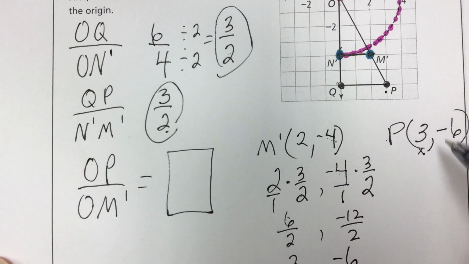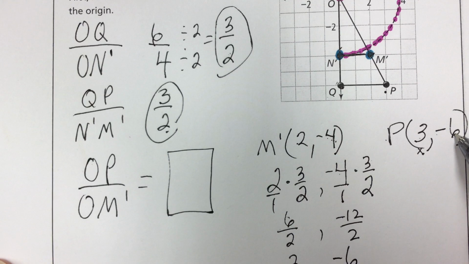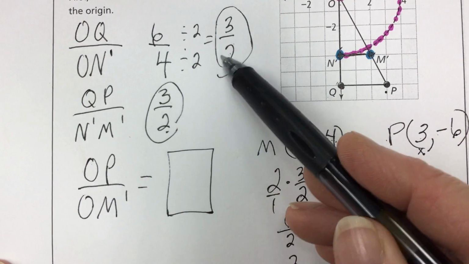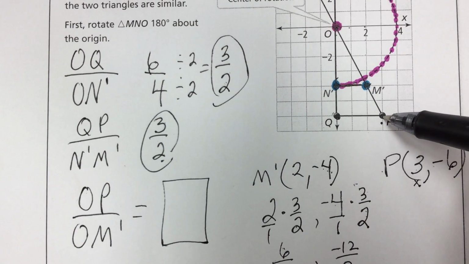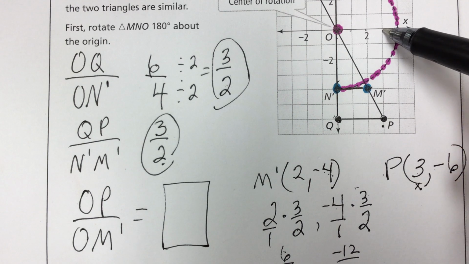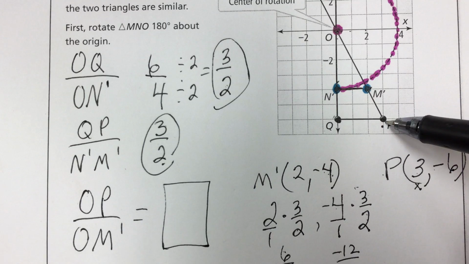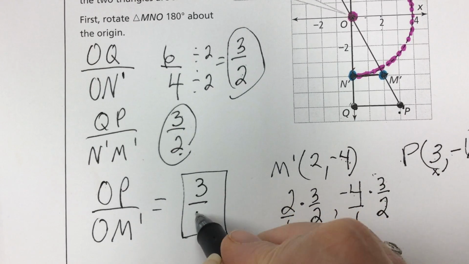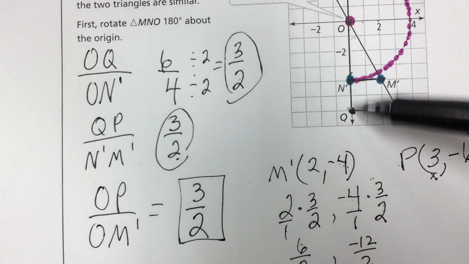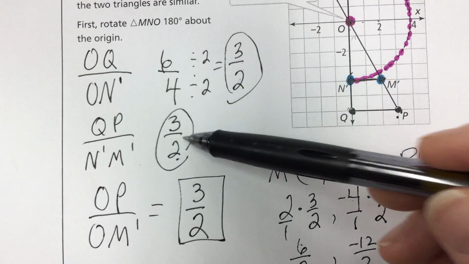Now the question is, does P have an ordered pair of 3, negative 6? If it does, then yes, we have the same scale factor of 3/2 as the other sides. So let's look at the ordered pair for P. The ordered pair for P would be to the right, 1, 2, 3, and down 1, 2, 3, 4, 5, 6. So yes, it does. Therefore, we have confirmed that all three sides have a scale factor of 3/2.